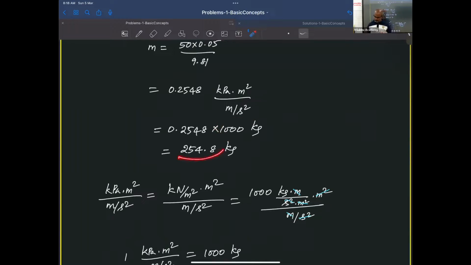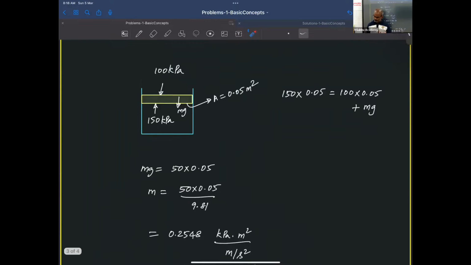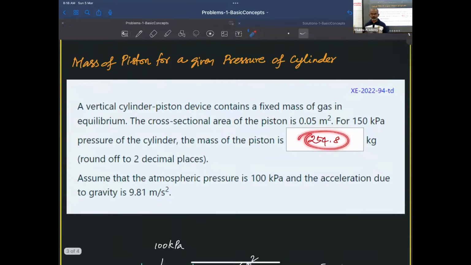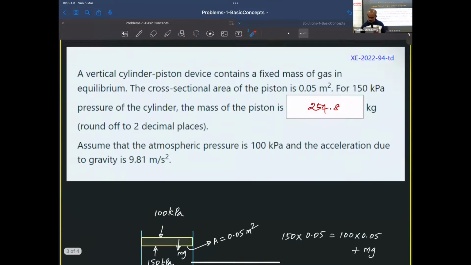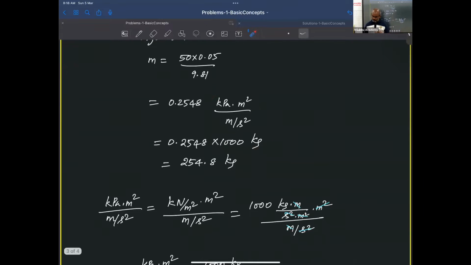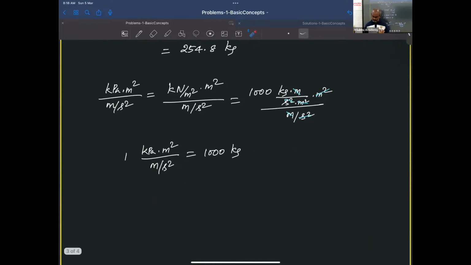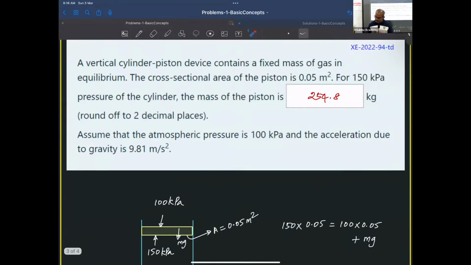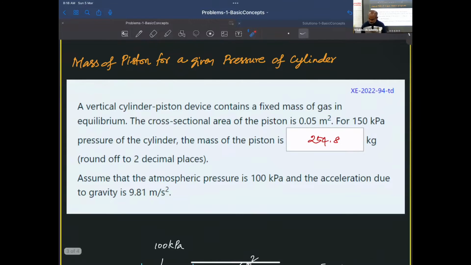Otherwise, we are directly getting only 0.2548. If you try to substitute that, definitely the answer is wrong. So you should check for unit conversions, proper units, dimensional consistency. About 15 minutes we spent on this. So shall we move on to the next one? So what could be the next one?